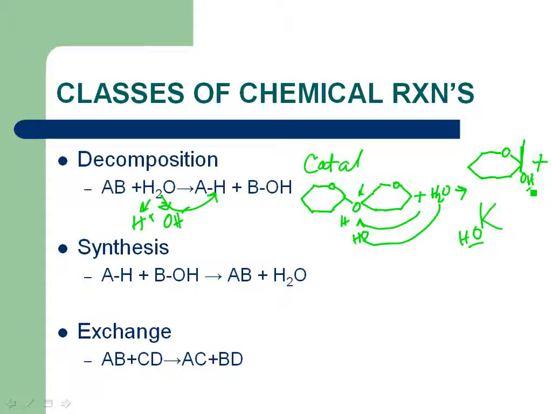And we just put a hydrogen on that one, and we end up with two separate molecules, whereas before we had this whole disaccharide, and we split it into two separate glucose molecules. Alright, now that we're past that, let's move on.